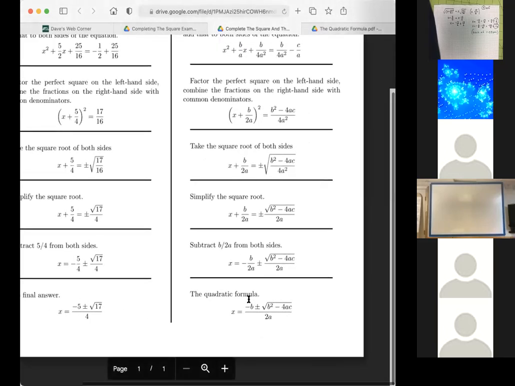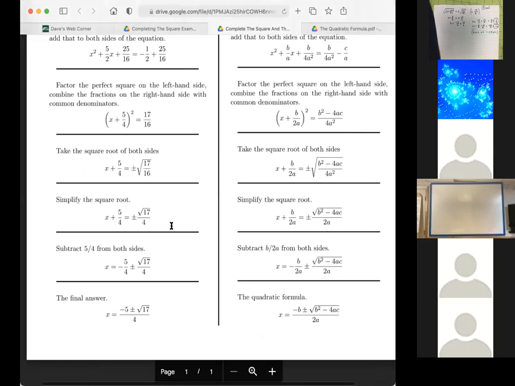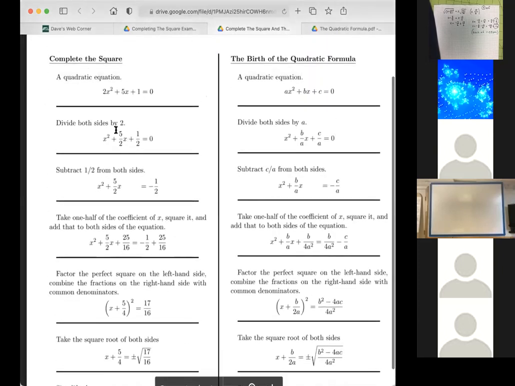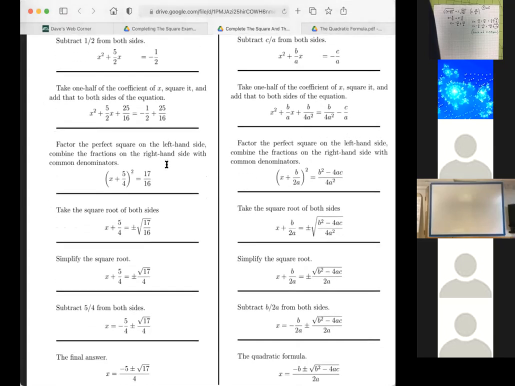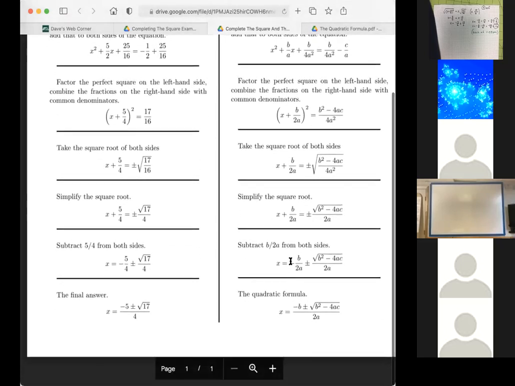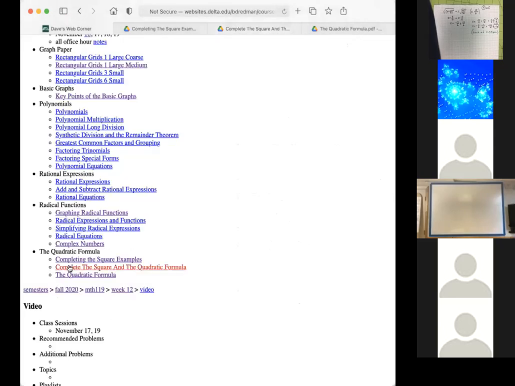So you could see that happening side by side with a real problem. I did that on a generic problem here, 2x squared plus 5x plus 1. So this handout lets you see the steps of completing the square again and see how that builds the quadratic formula. Okay, that's the handout, Completing the Square and the Quadratic Formula.